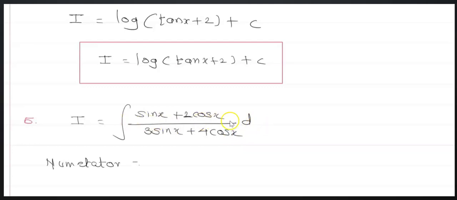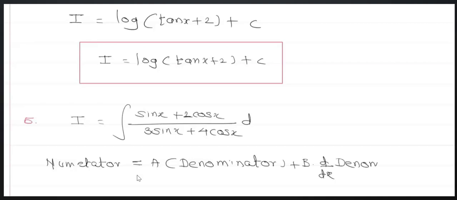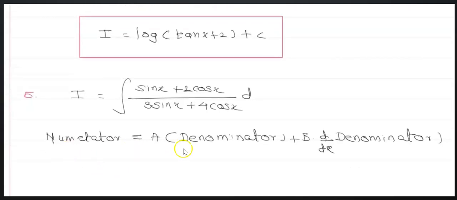Here the numerator is equal to a into denominator plus b into derivative of the denominator. That is, we express the numerator in this form. What is the numerator?